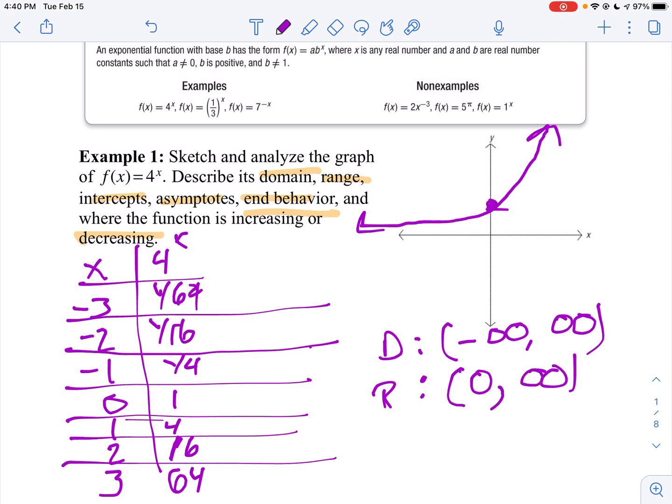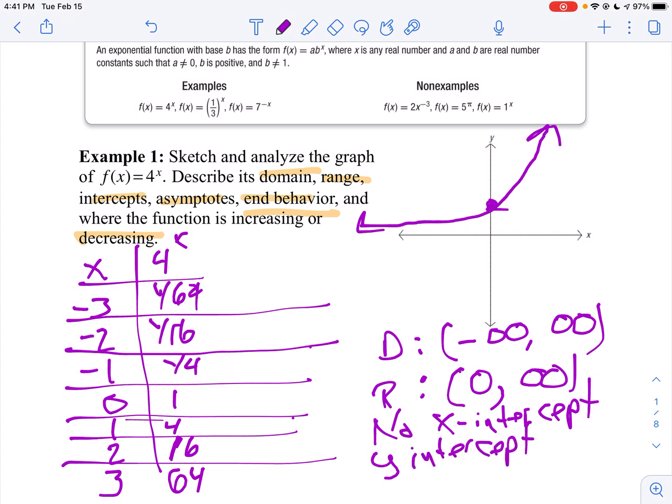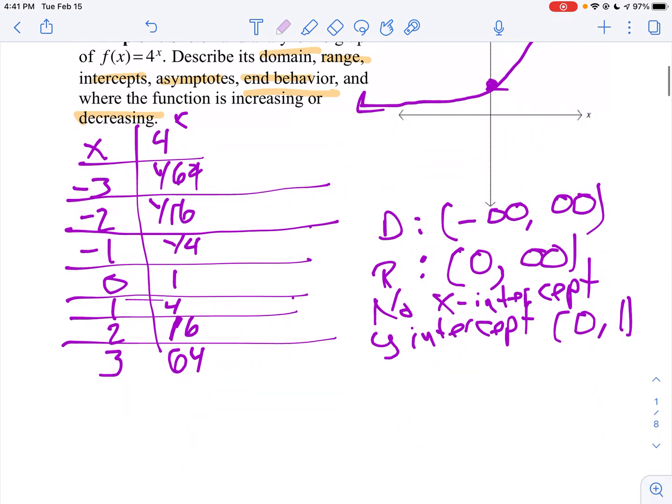My intercepts: there is no x-intercept because it never crosses the x-axis. It has a y-intercept at 1. So when x is 0, y is 1. And my end behavior: as x approaches negative infinity, f of x is going to approach 0.